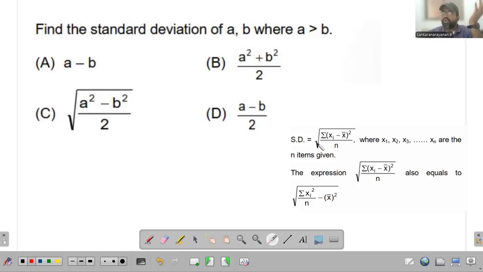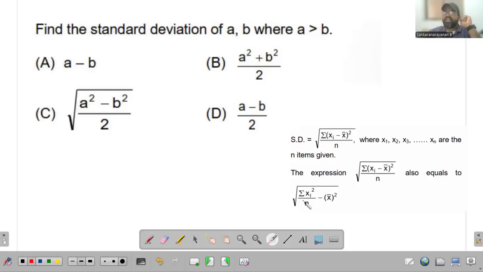So it is the square root of the arithmetic mean of the squares of the deviations from the mean. Root mean square deviation, that is what standard deviation is.